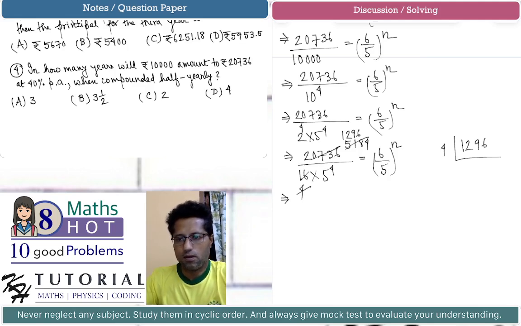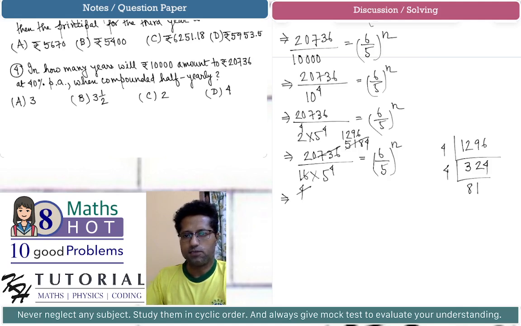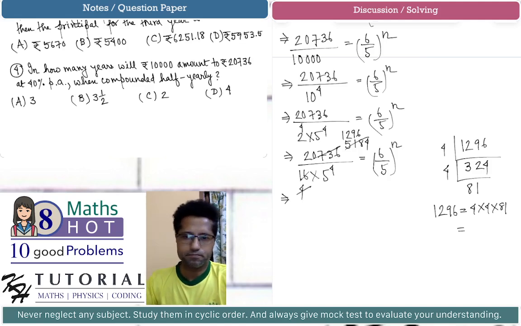So 1296 is 4 times 324, and 324 is 4 times 81. So 1296 is equal to 4 multiplied by 4 multiplied by 81. Now 4 into 4 is 16, which is 2 to the power 4, and 81 is 3 to the power 4.